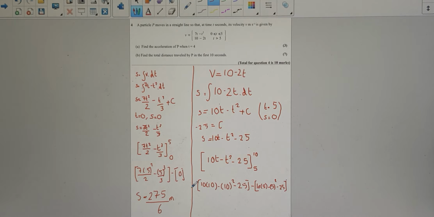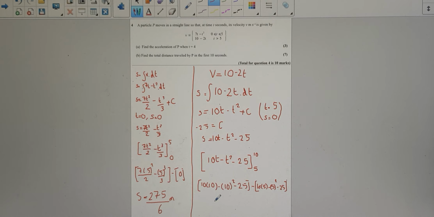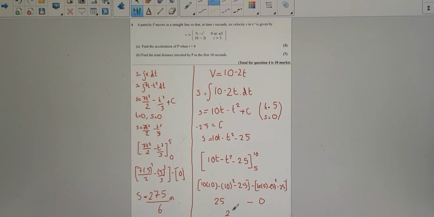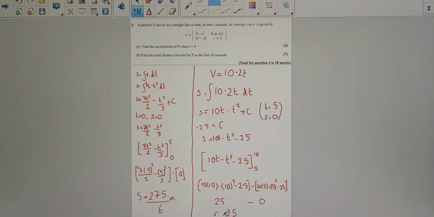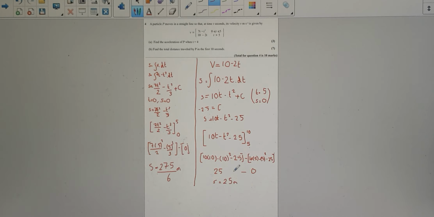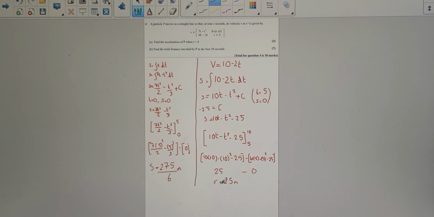If I work out all those first things, that's going to give me 25, and when I put this in, 50 minus 25 minus 25 is 0. So for the second part of the journey, the displacement is 25, and therefore in this case the distance is also 25.